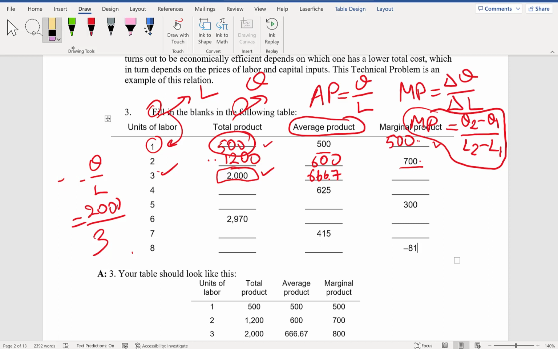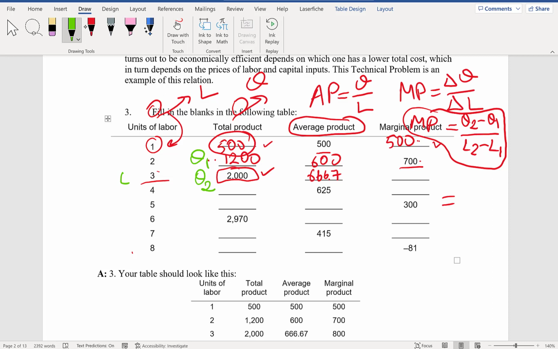What's the marginal product? Let's calculate the marginal product. Formula is on the right hand side. So what's Q2, Q1, L1, L2? We're trying to find the marginal product of the third person. So let's label everything. This is my current quantity, Q2. This is my initial quantity, Q1, then the final labor associated with Q2, and the initial labor.